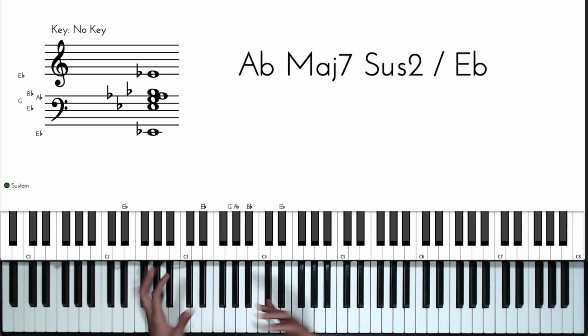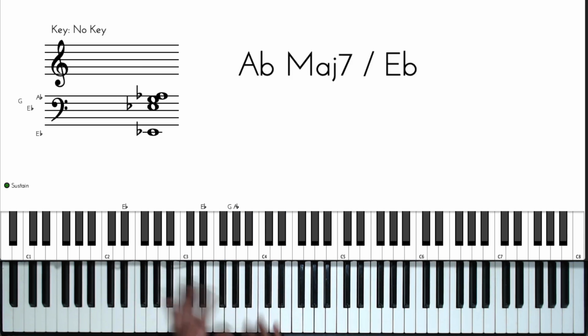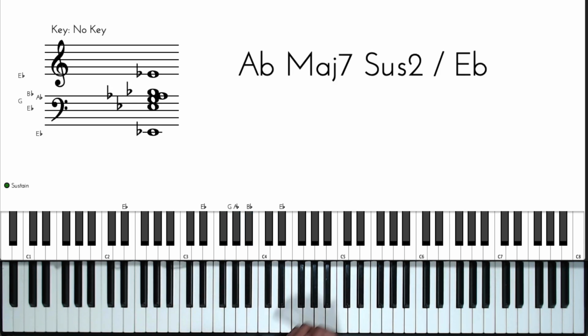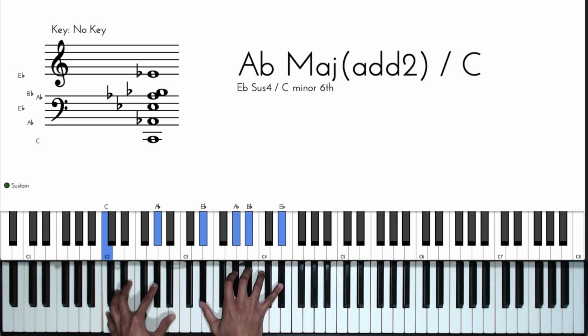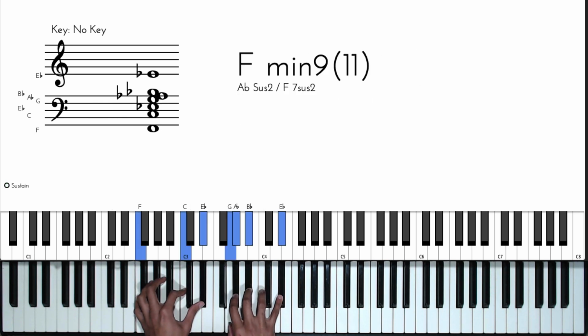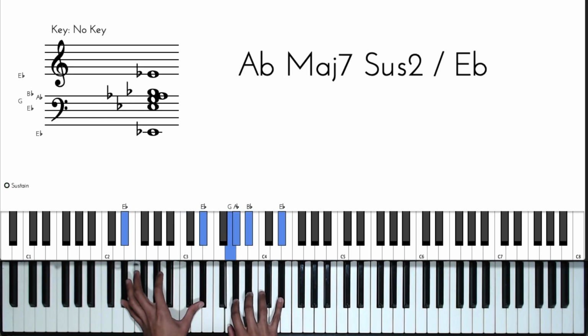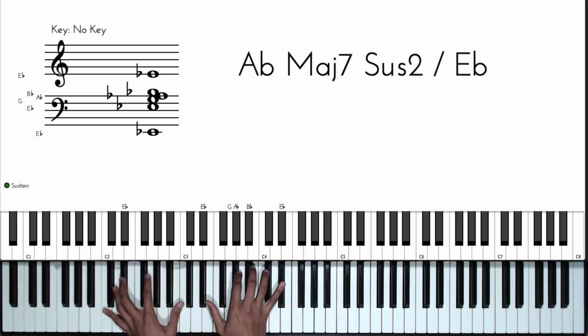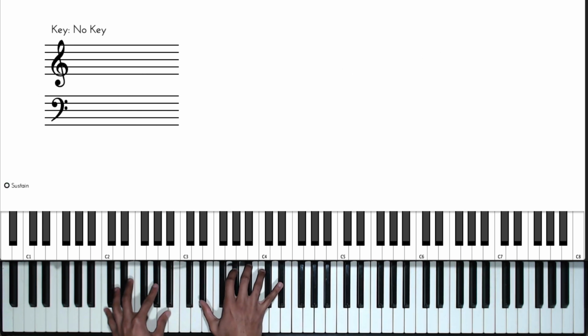It may sound a little bit dissonant without context, but it gives it that suspended type of sound, okay? So 1, 4, 6, and then 5. So that's an easy way of implementing that pedal point concept in this song.